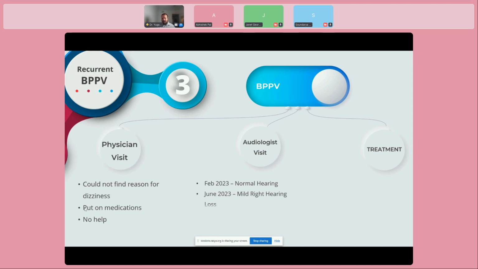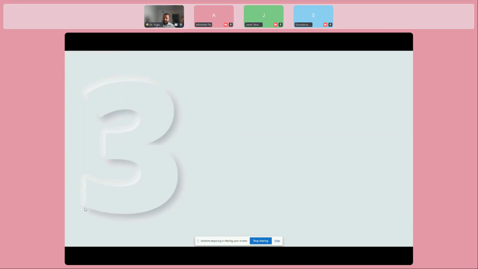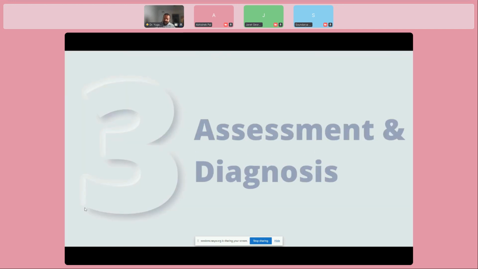It was completely normal. In June, there was a slight mild right-side sensorineural hearing loss, obviously. And the treatment, obviously, was vestibular suppressants and monitoring for hearing loss, but no hearing aid was fit. So again, this patient did not really receive help after multiple visits with several specialists.